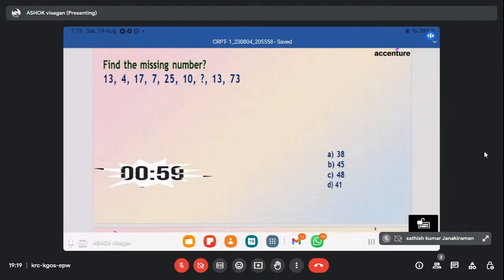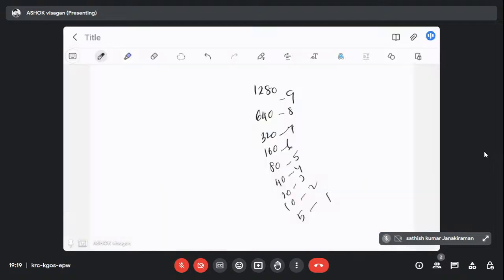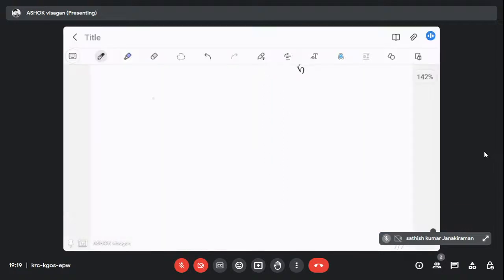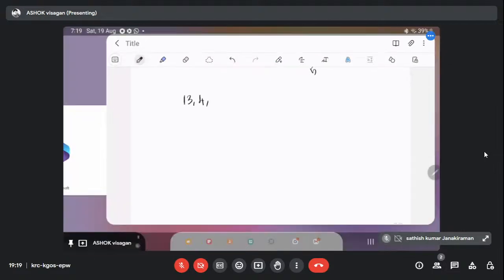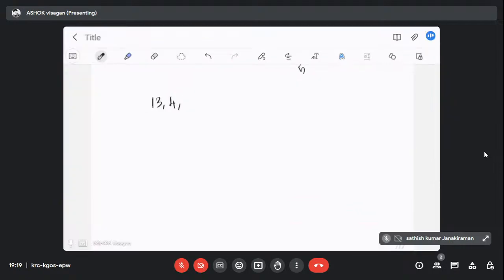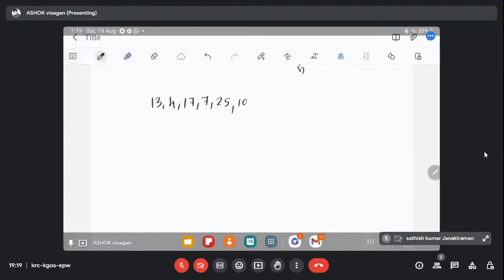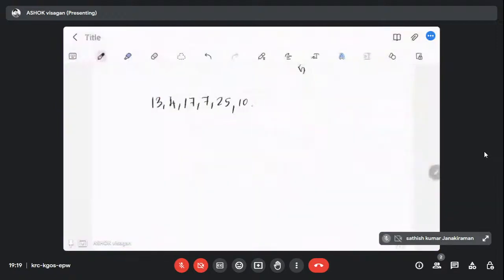So here it is a mixed series. If you continuously take any difference, if you continuously try to find any logic, it will not work. So they said what are the numbers given in the series? 13, 4, 17, 7, 25, 10, question mark, 13, 7, 3.